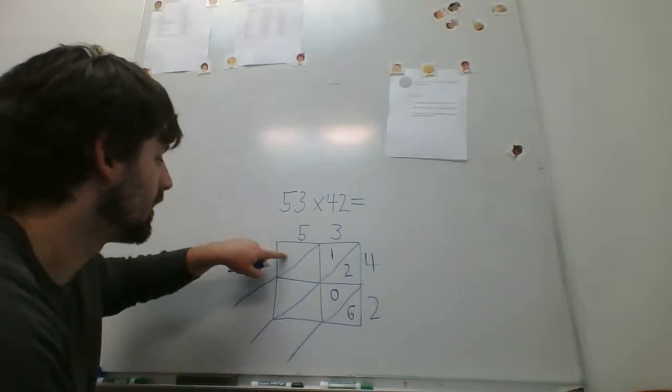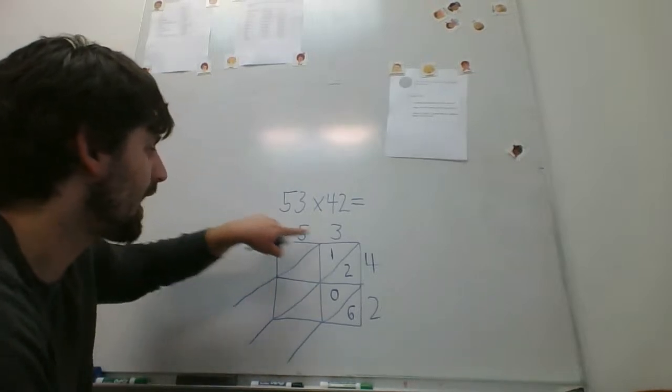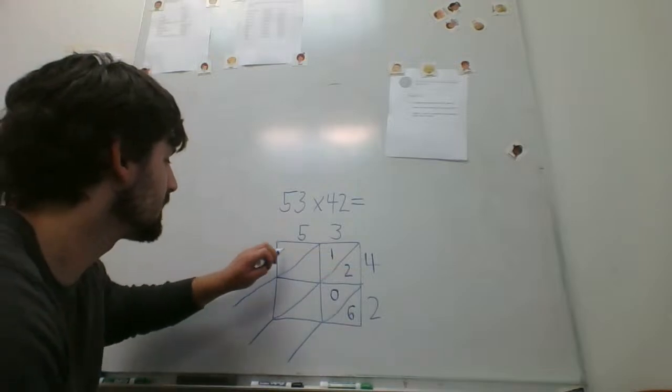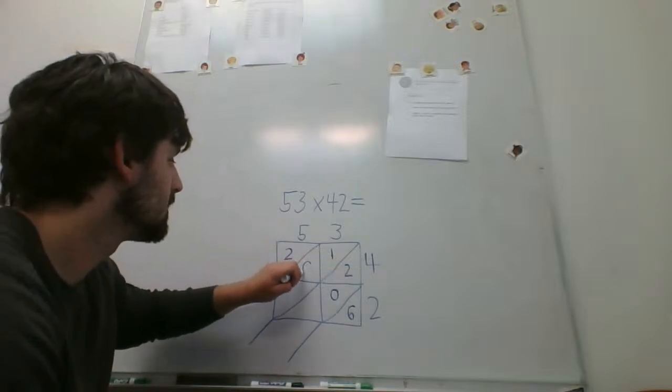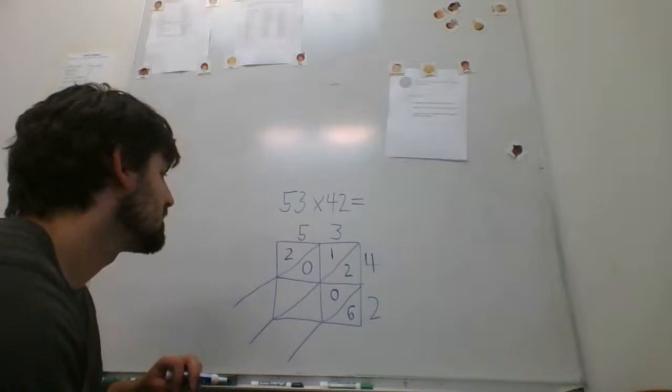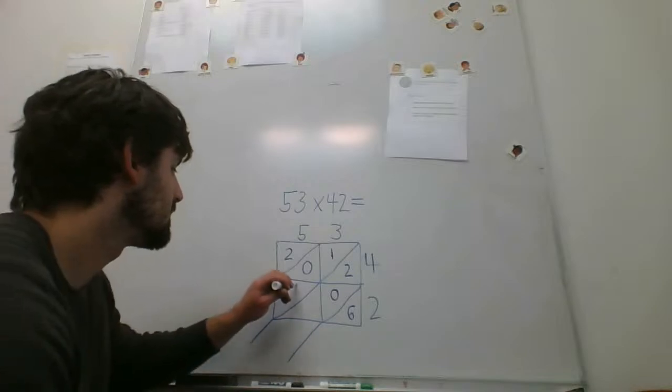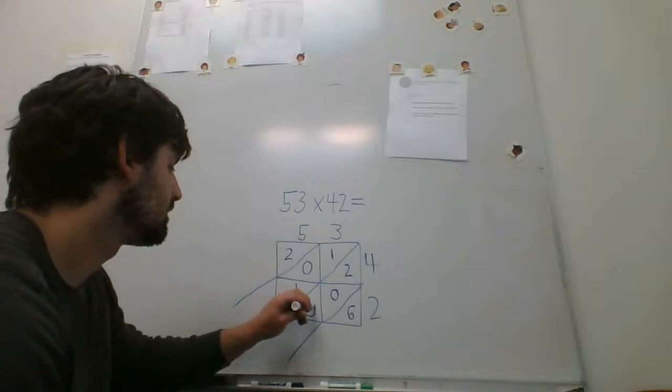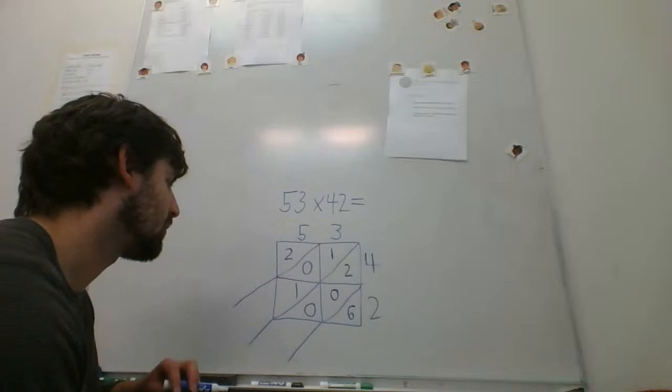Now going to the left-hand corner here, 5 times 4 equals 20. Digits in 20 are 2 and 0. And 5 times 2 equals 10. And in 10, of course, our digits are 1 and 0.